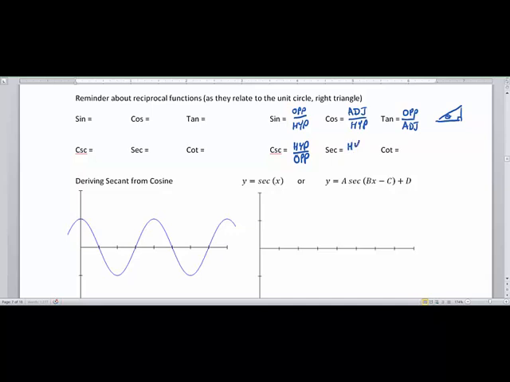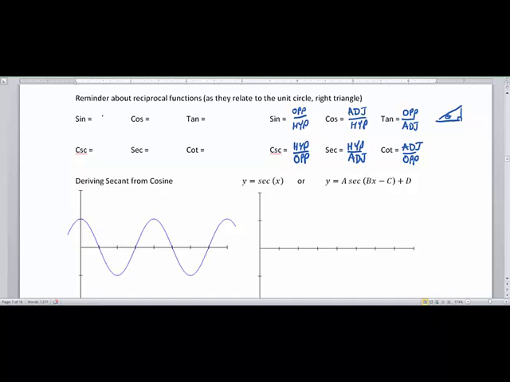Secant is hypotenuse over adjacent, and cotangent is adjacent over opposite. This is probably why we don't have another cool mnemonic device for the reciprocal functions, because once you have SOHCAHTOA, you can easily derive the reciprocal functions.